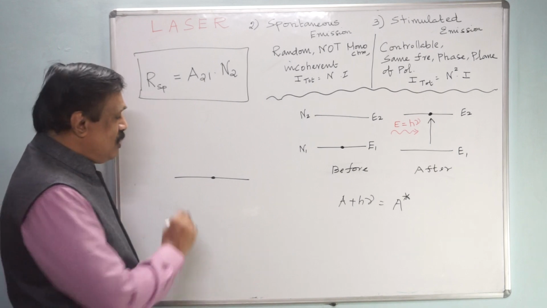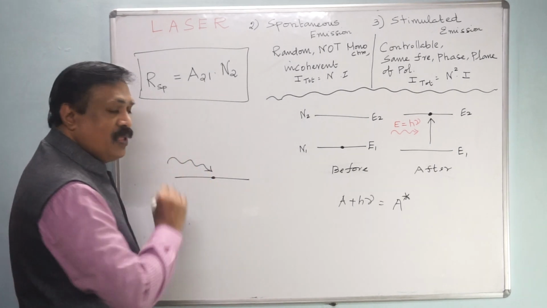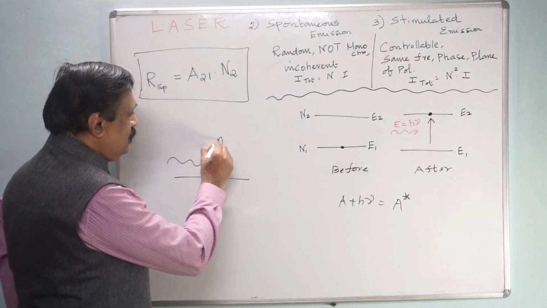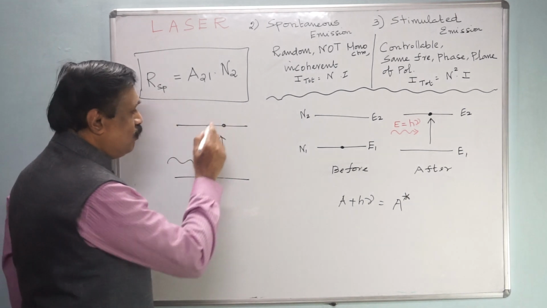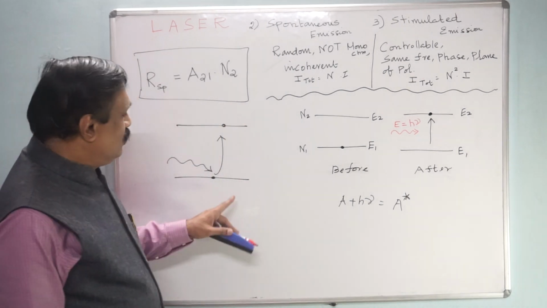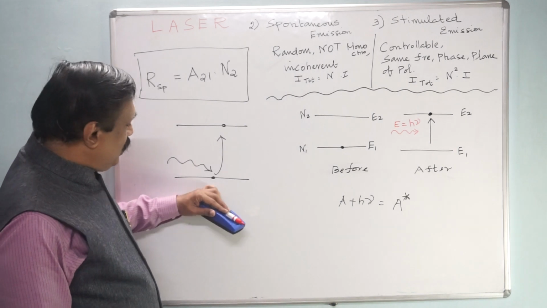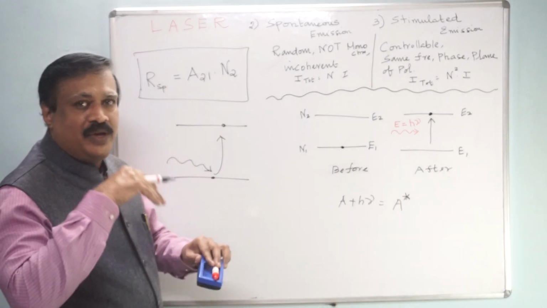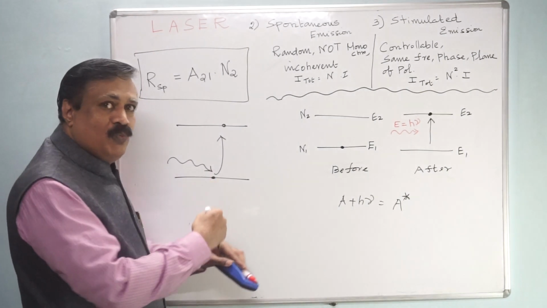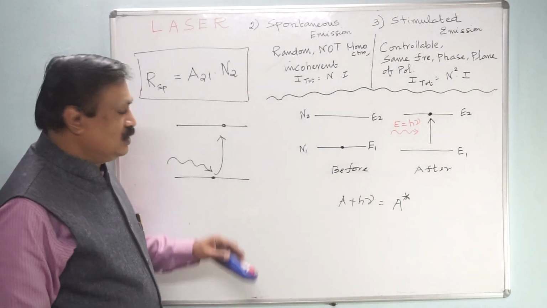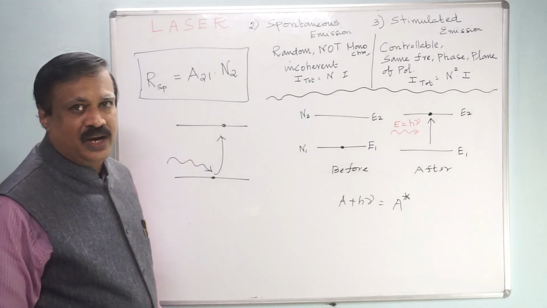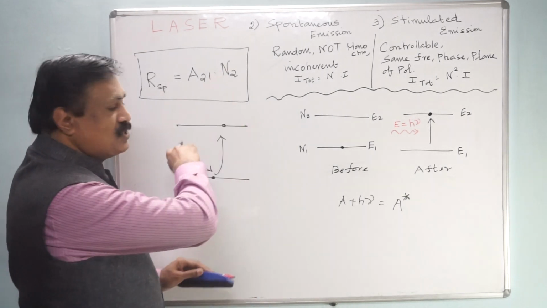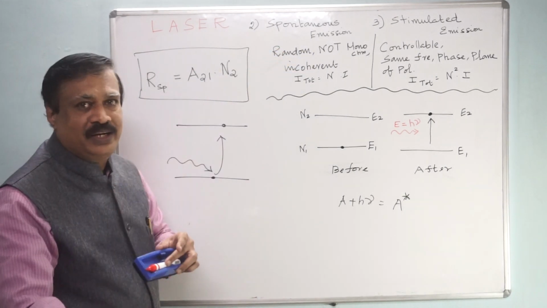We give one photon, and the atom is induced and moves to the higher state, from ground state to excited state. We made the atom move to the higher state. That is the absorption transition, and spontaneous emission automatically takes place.